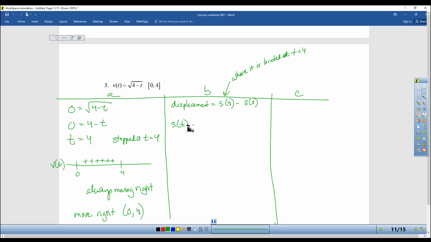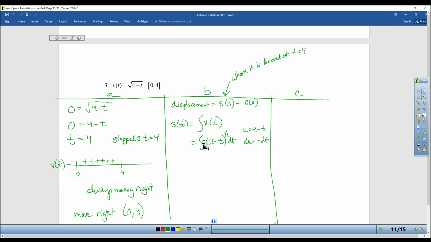Sure. S of t is going to be the integral of v of t. So I'm going back and I'm doing this yet a different way. You're going to find the way that works for you. So the integral of 4 minus t to the 1/2, I am going to let my u be 4 minus t, and my du is equal to negative dt.